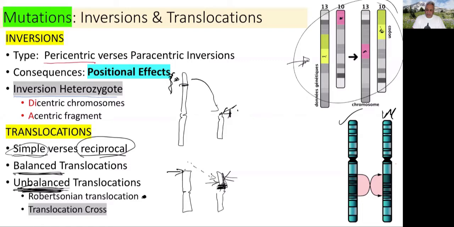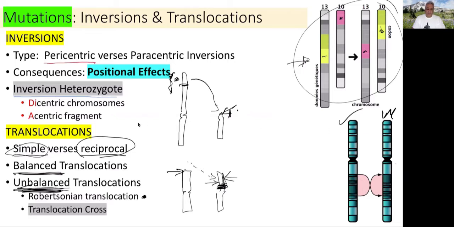And then at the same time, the short arm of chromosome 14 is combined with the small arm and centromere of chromosome 21. And that's the Robertsonian translocation, first identified by Dr. Robertson. So he gets credit for that.